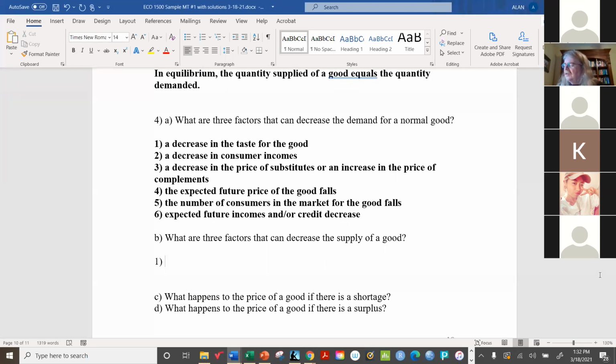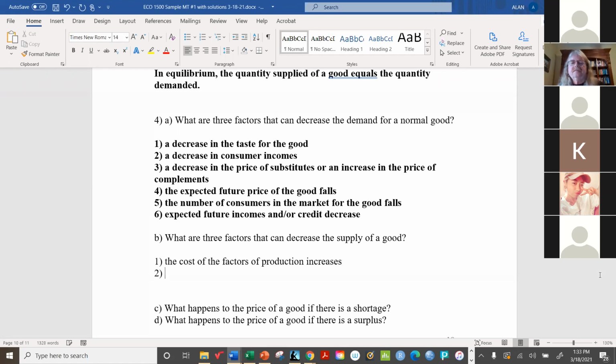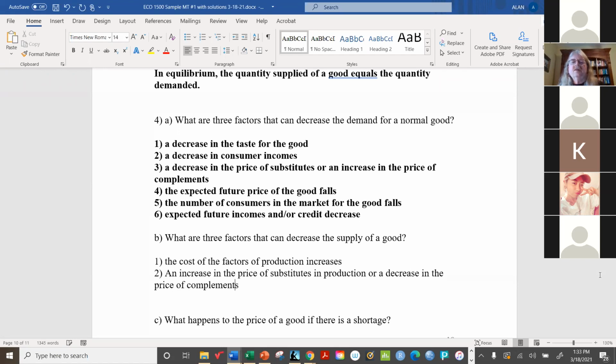So for decrease in the supply, what we could say is that the cost of the factors of production increases, such as land, labor, capital, that type of thing, or an increase in the price of what we call substitutes in production, or a decrease in the price of complements in production, which we saw earlier.